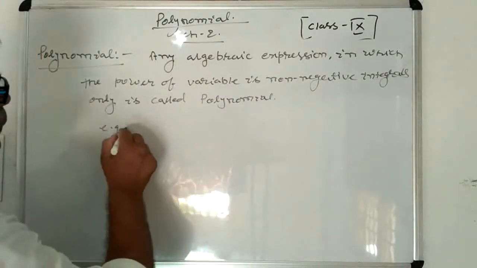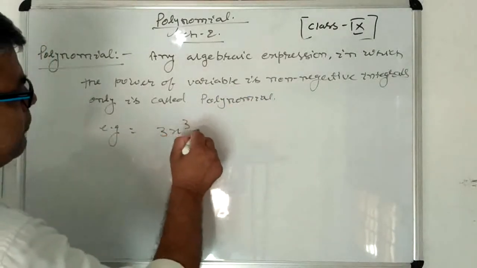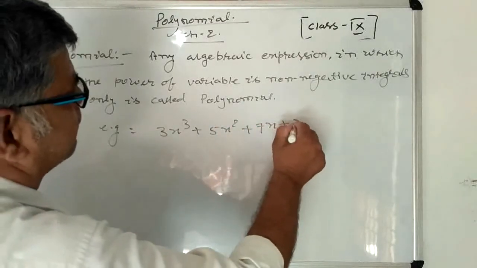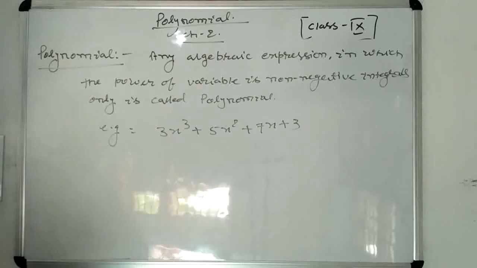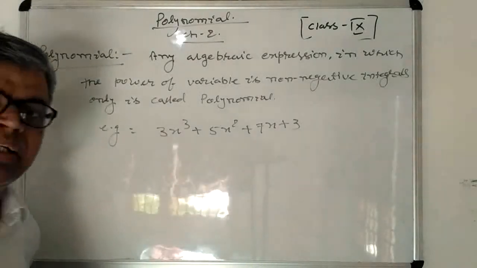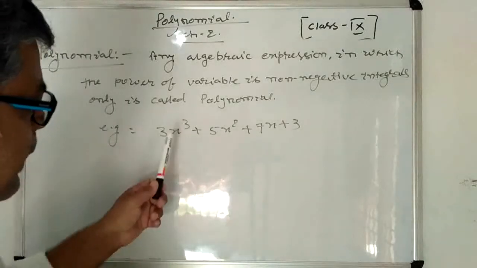As for example, you can take 3x cube plus 5x square plus 7x plus 3. So in this expression, you see that the variable is x.